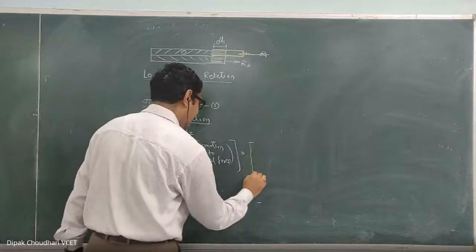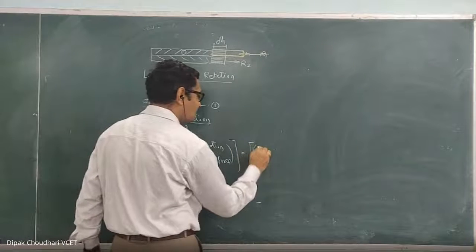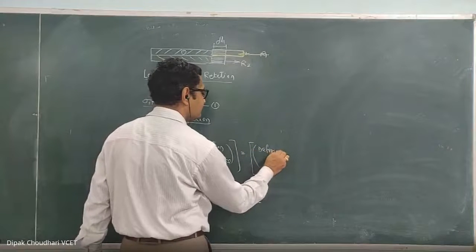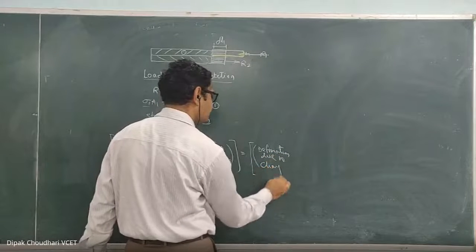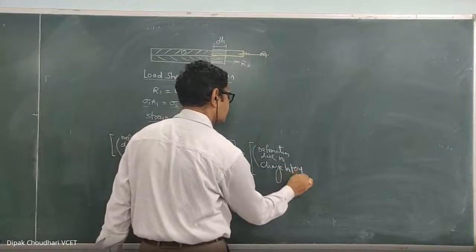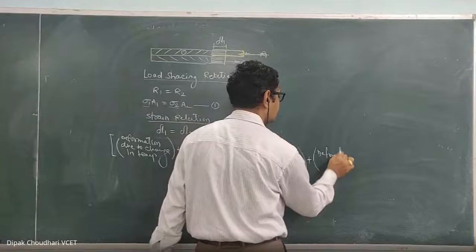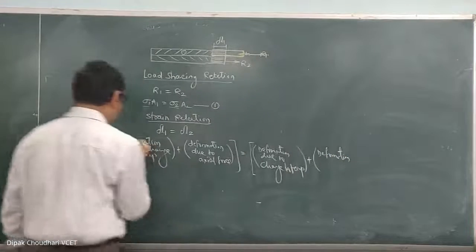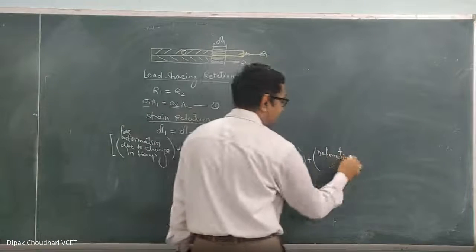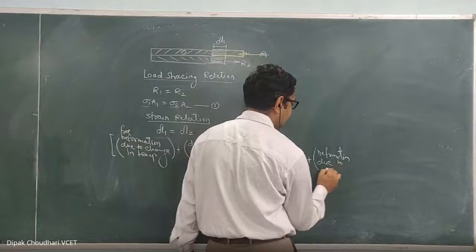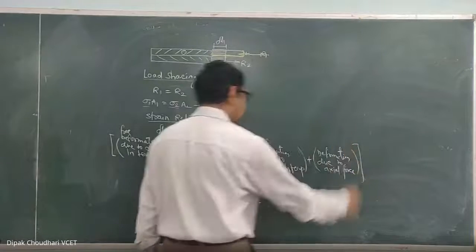In the same way, the final deformation delta L2 of material 2 again has two components: the free deformation due to the change in temperature, plus the deformation due to the axial force.